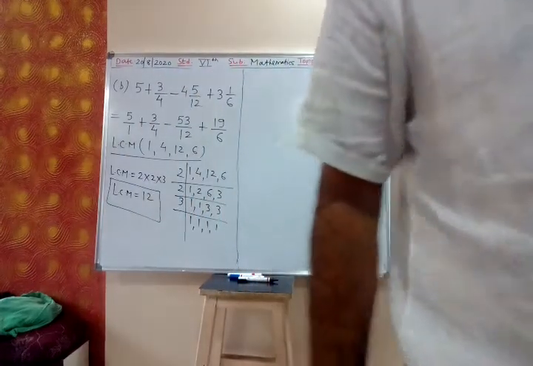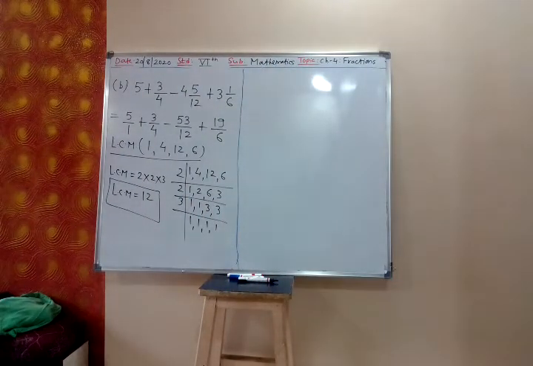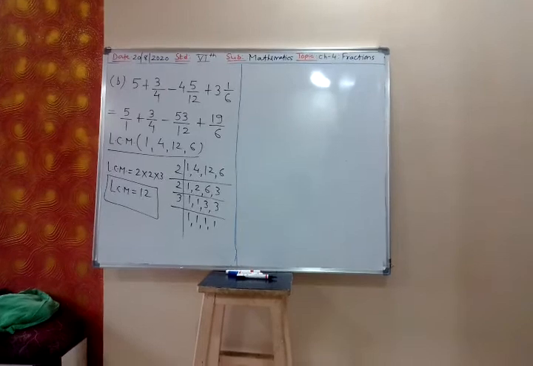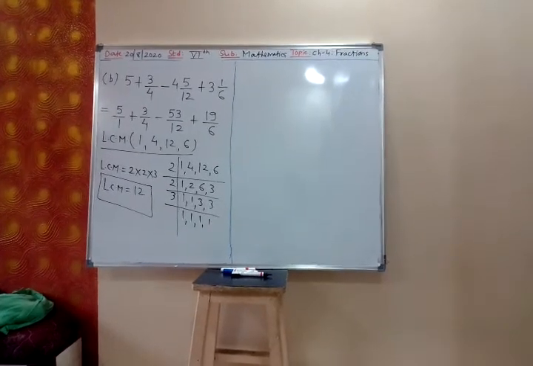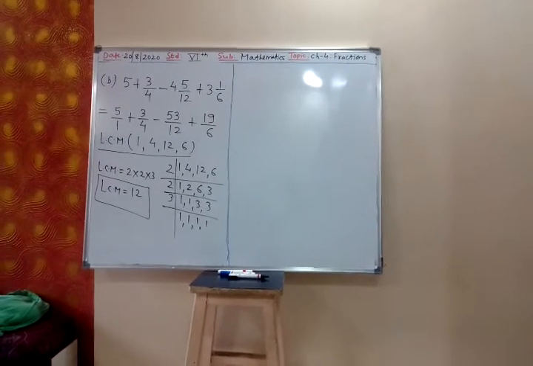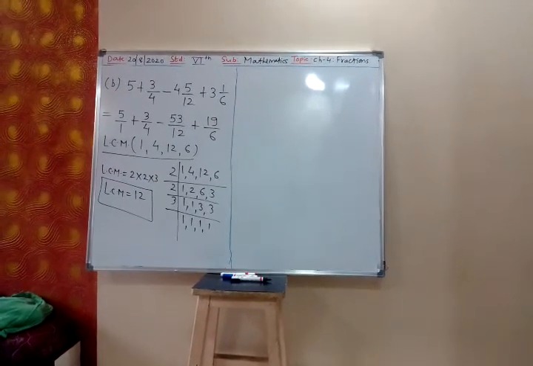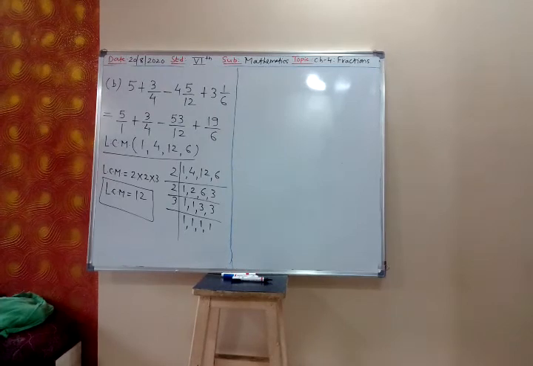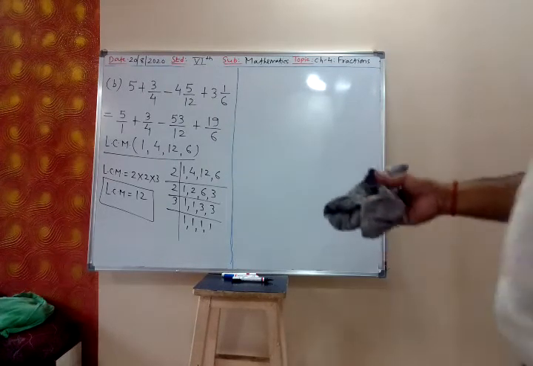Now it is clear, right? LCM of 1, 4, 12, 6 is 12.